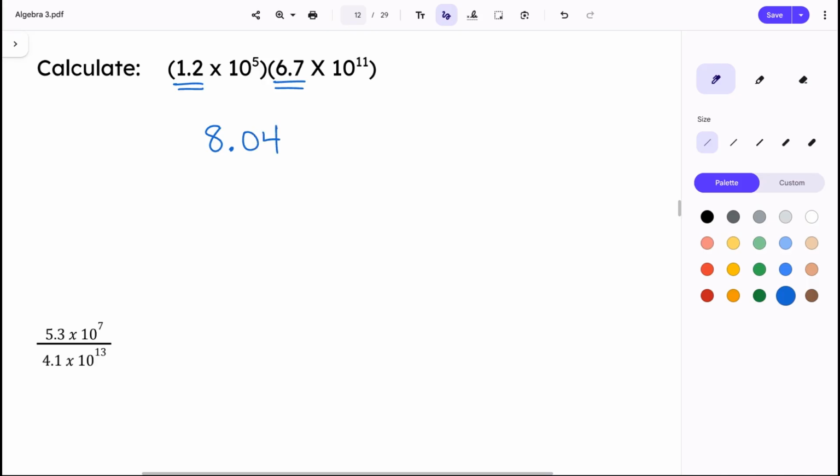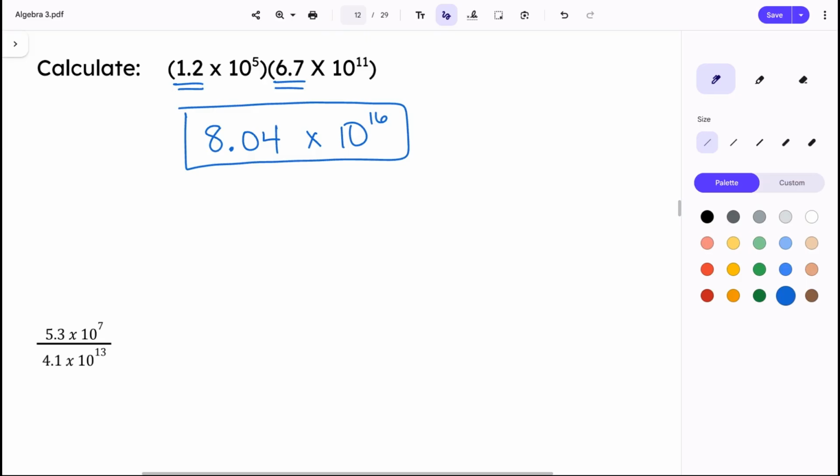Now with my tens, with your exponents, you're going to add them since they're the same base. So 5 plus 11 is 16. And so this is your answer. It's already in proper form. I don't have to worry about moving the decimal at all because it's following just the 8 and it's good to go.